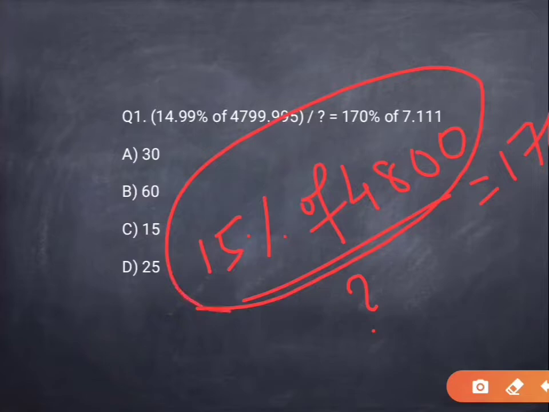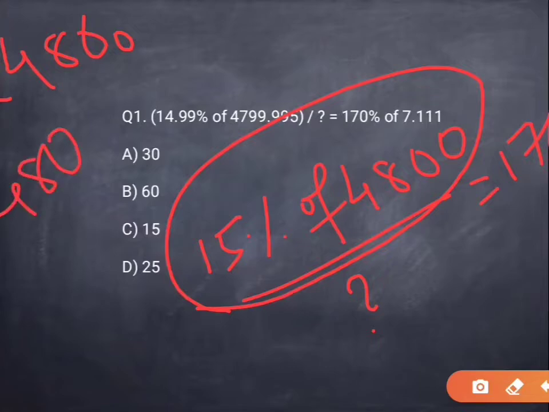What is 10% of 4800? 10% of 4800 is equal to 10 by 100 into 4800, which is equal to 1 by 10 of 4800, that is 4800 by 10, which is equal to 480.